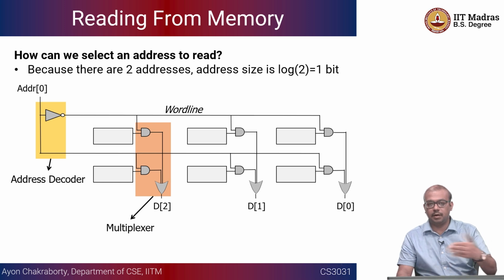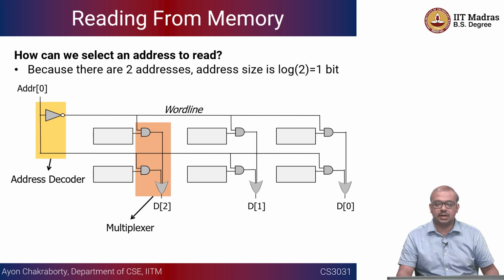Although not all of them are activated, the outputs are coming from multiple places. So we actually need a multiplexer to determine from where I want to read the output. So you have an address decoder and you need a multiplexer. Typically, this is the architecture of the memory system that we are talking about.